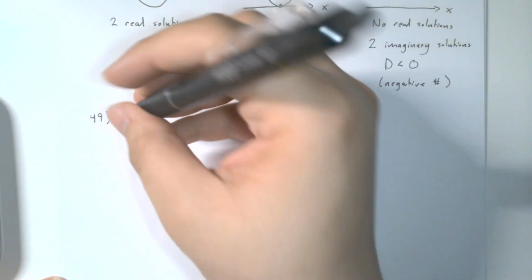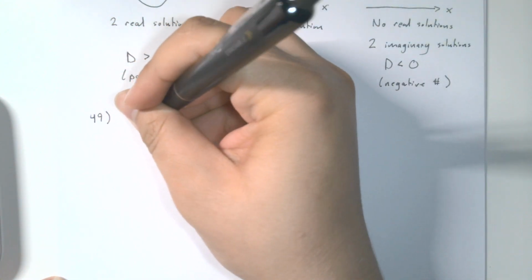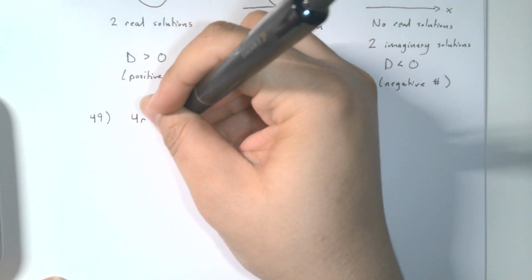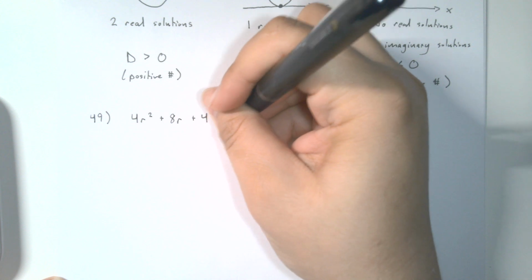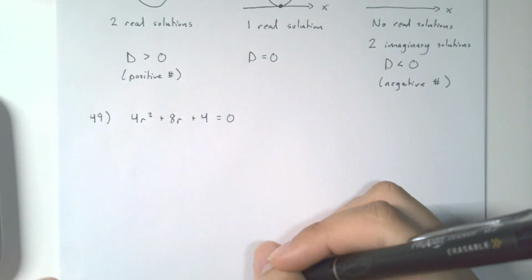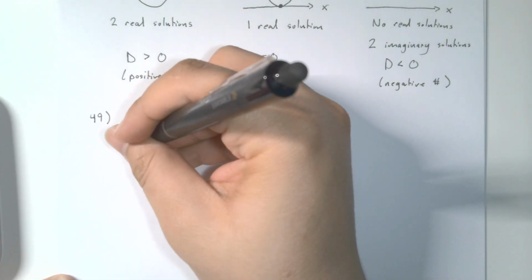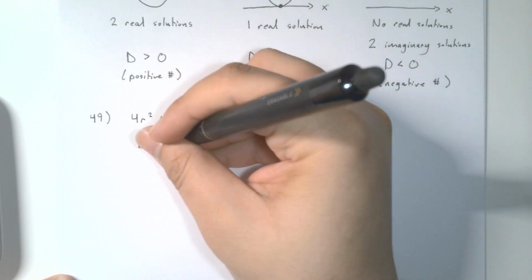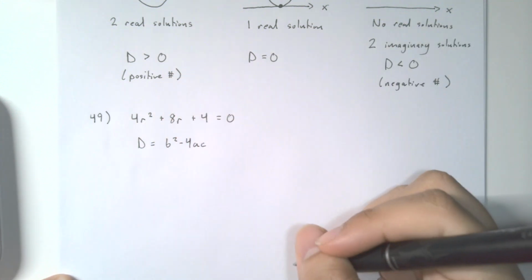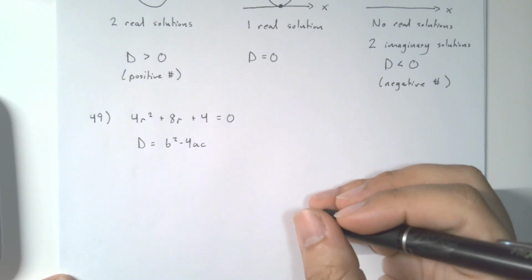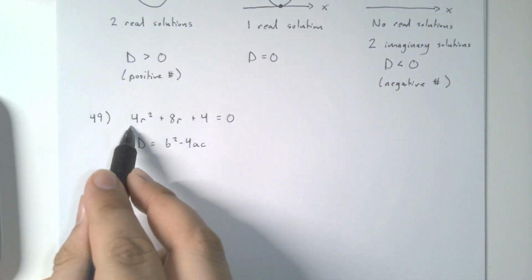For number 49, we have 4r squared plus 8r plus 4 is equal to 0. Remember that our discriminant is equal to b squared minus 4ac. And so we need to figure out what a, b, and c are.